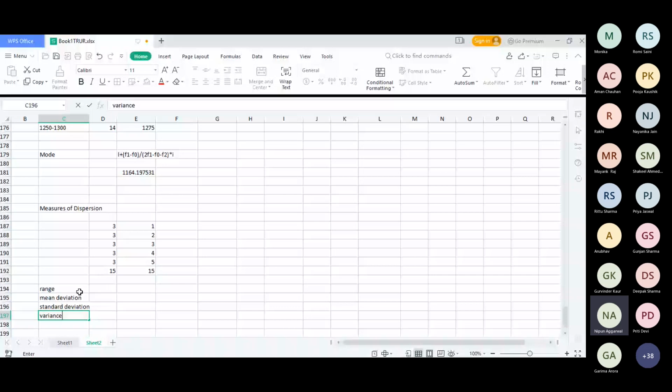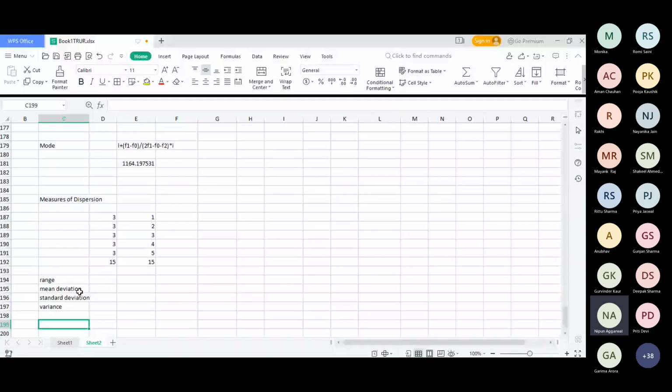So these are the four measures of dispersion with which we can calculate the variation. Again, these four have their own implications and their own meaning, but we have to see which tool has to be applied in which situation to get the maximum information.